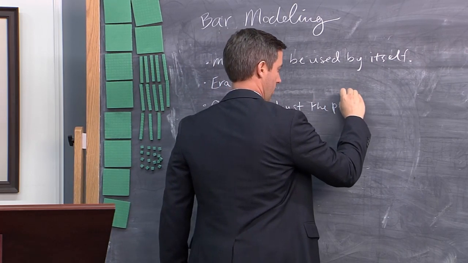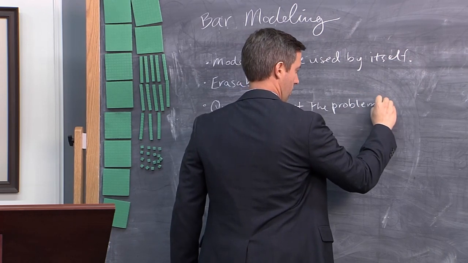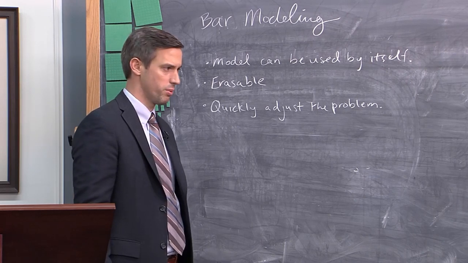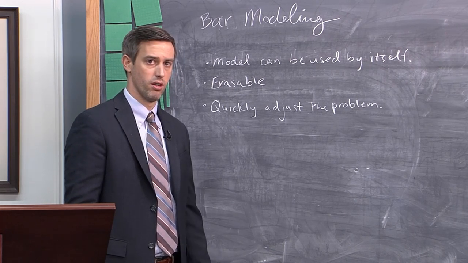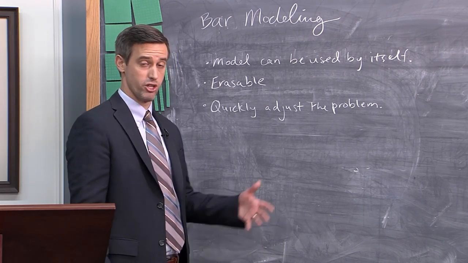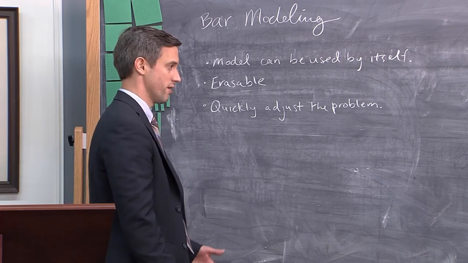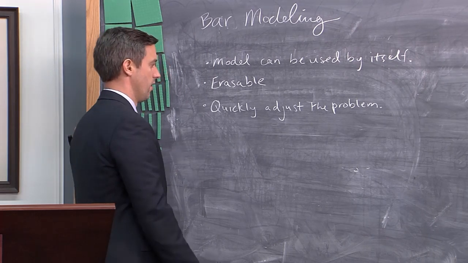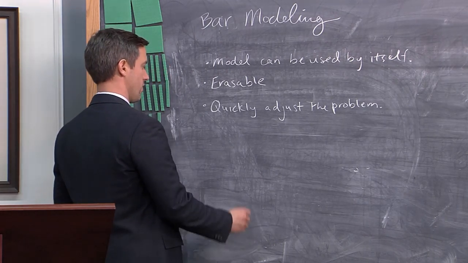For example, on the last problem that we had up here, instead of 24 and 3, you can change the numbers to 2 different numbers. You can say, what if I change the 24? How does that change the problem? So you can quickly adjust the problem.